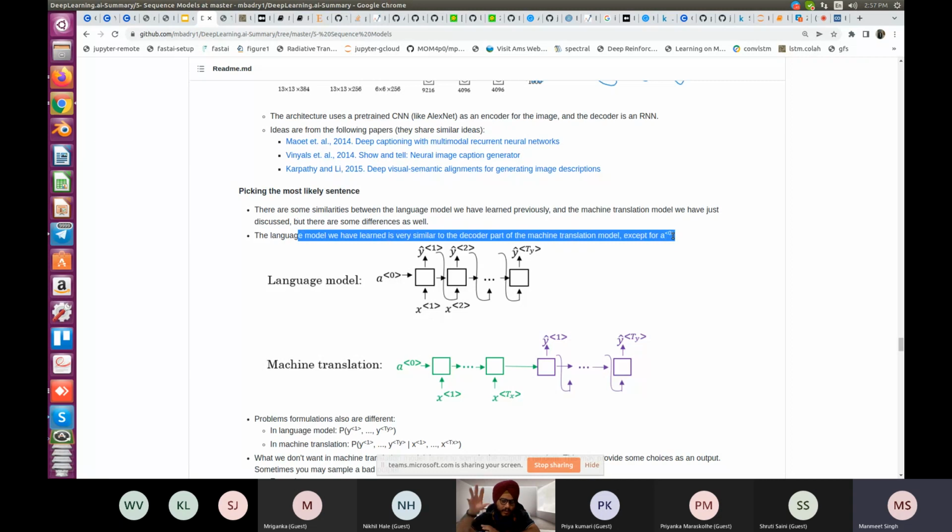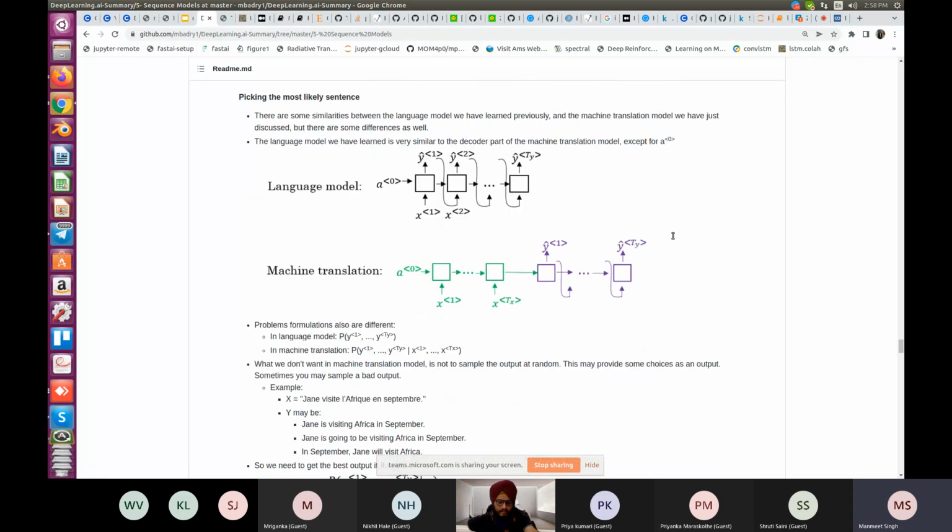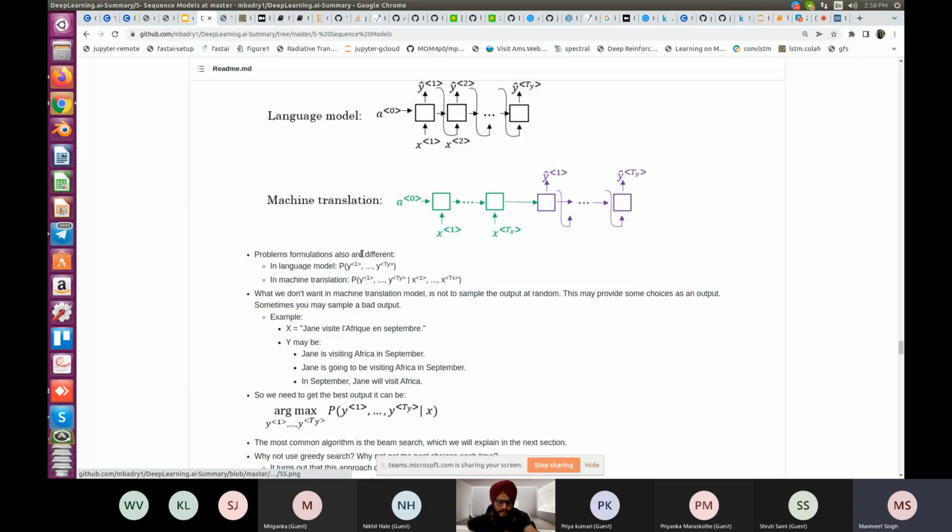In the language model, you have a context and you have a target word. You can build context and make the labeled data set. Whereas in machine translation, you have an input sequence and you have an output sequence. So the problem formulations are slightly different.